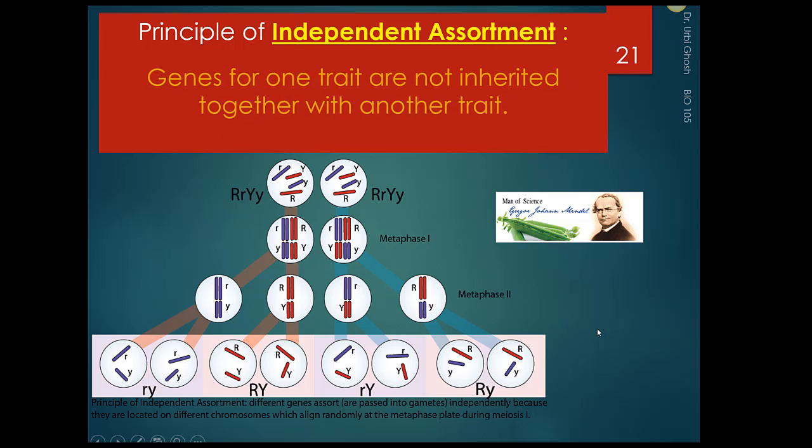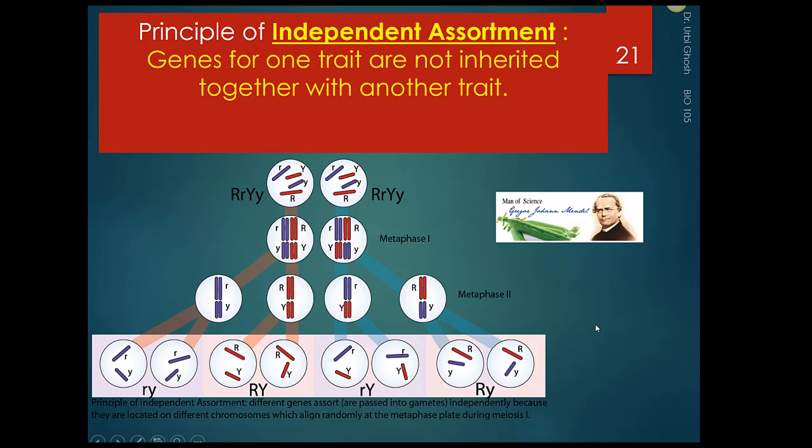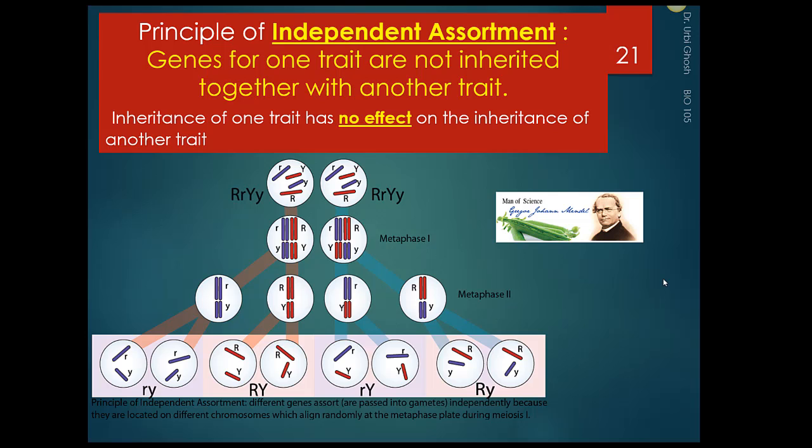So the genes will line up during metaphase, and they will randomly assort to the various gametes because they're located on different chromosomes which are aligned randomly at the metaphase plate during meiosis 1. So inheritance of one trait has no effect on the inheritance of another trait.